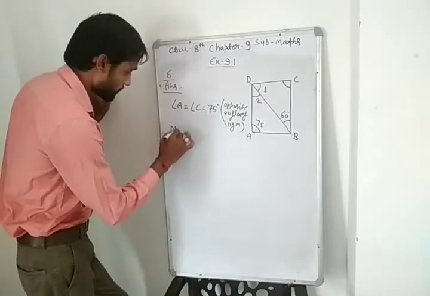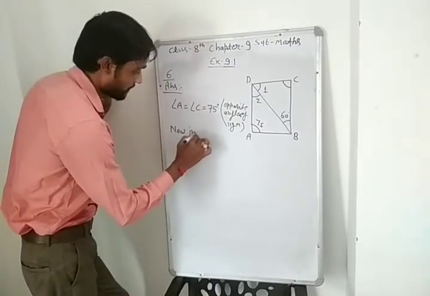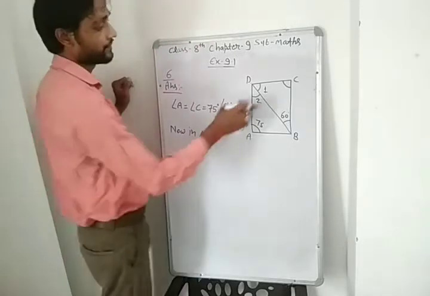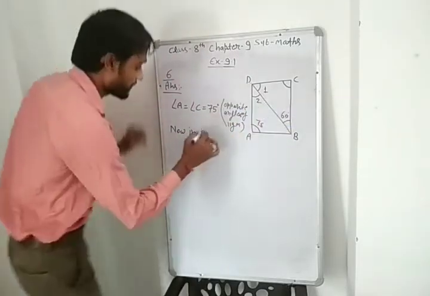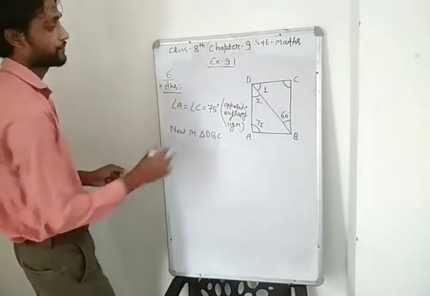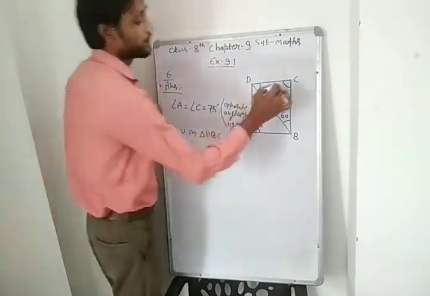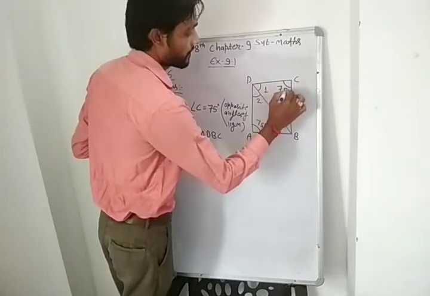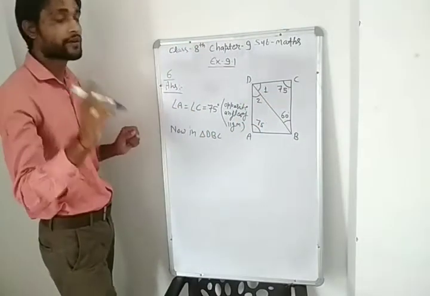Now in triangle DBC, what will we apply? Angle sum property of a triangle.